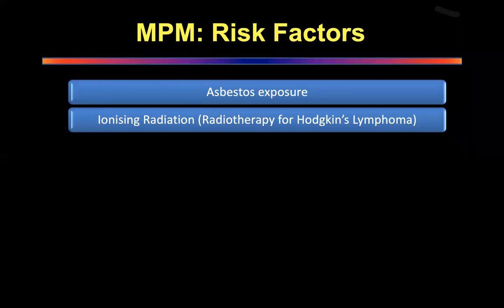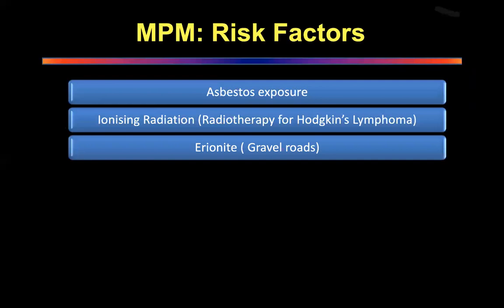So most of the radiotherapy was high dose and given as a broad spectrum. And so usually you had a big wallop which was received by the pleural membrane, and that is now presenting itself as mesothelioma.